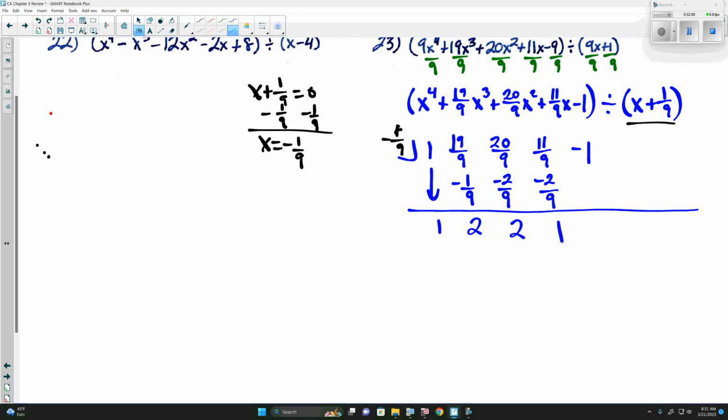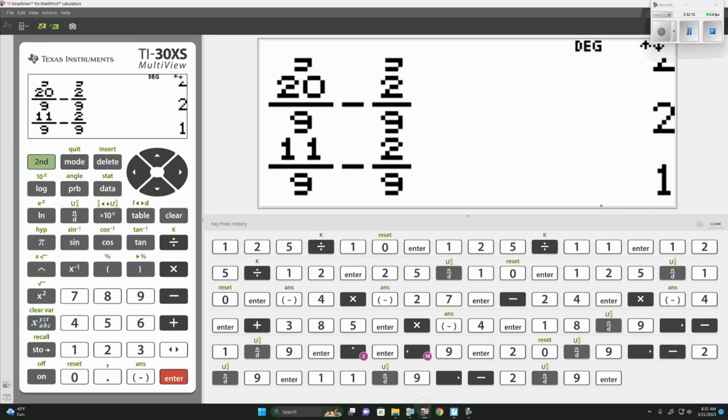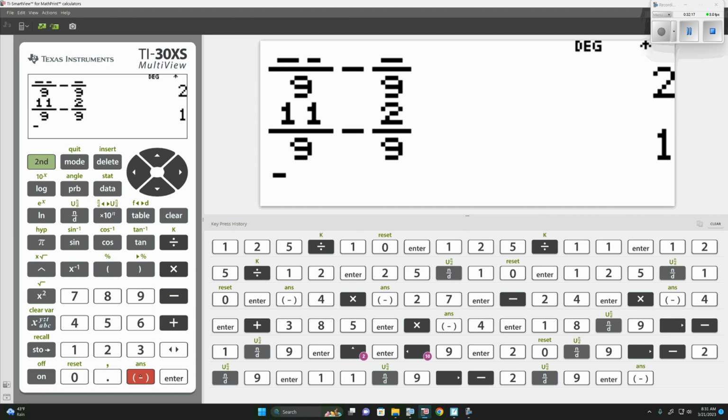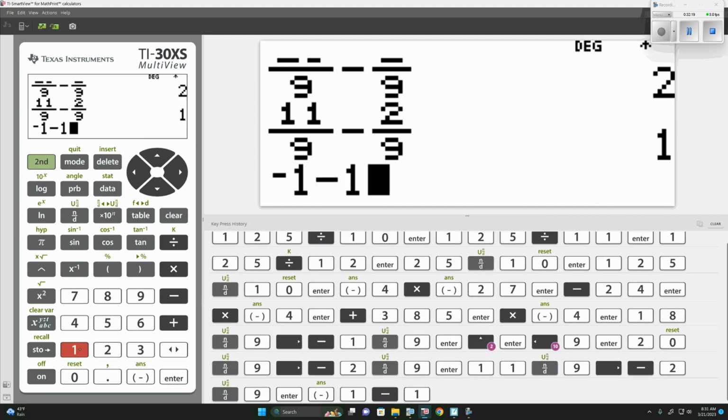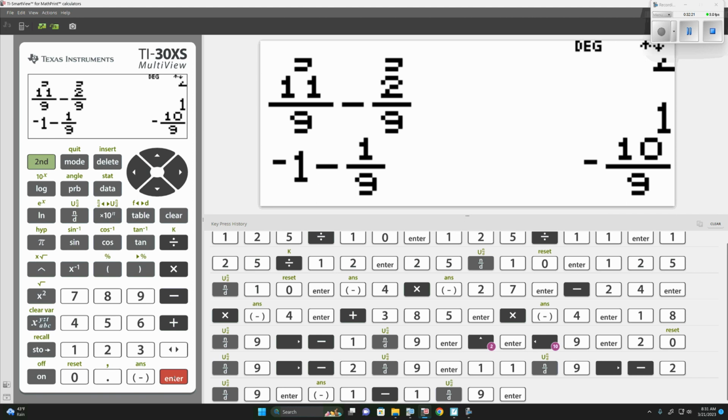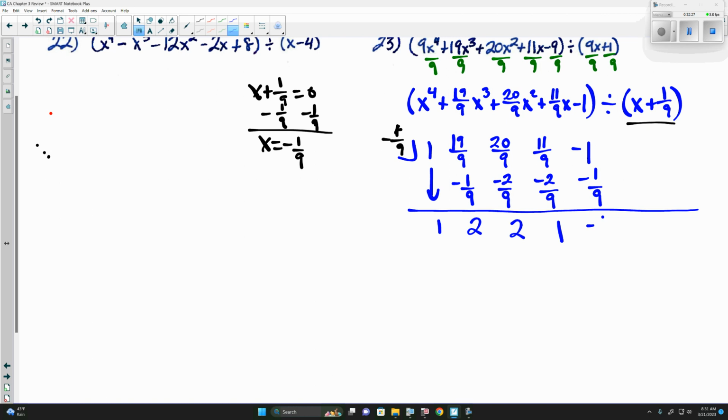Negative 1/9 times 1 is negative 1/9. And then we can do negative 1 minus 1/9, which gives us negative 10/9. And that there would be our remainder.